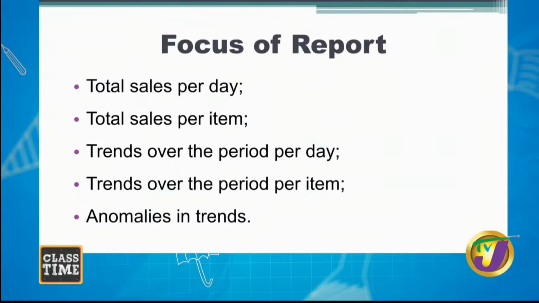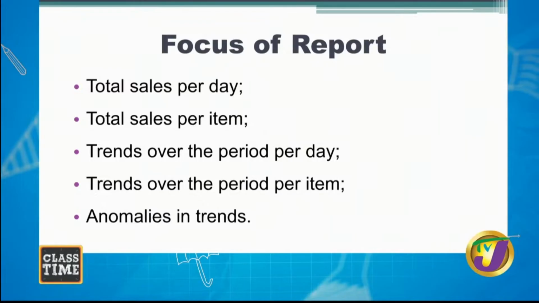So what should your report focus on now? So of course, you're going to focus on what the total sales were for each day. You're going to focus on the total sales per item. You're going to look at the trends over the period per day. And you're going to look at the trends over the period per item.